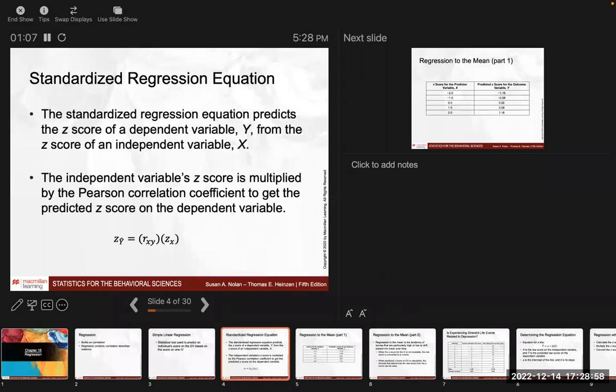So basically what you do, you estimate a standardized y, the y hat, the predicted value of your dependent variable. It's standardized, so it's a set score. You derive that by standardizing your individual x and multiplying it with your r. That gives you an idea about the direction and the strength of this association.